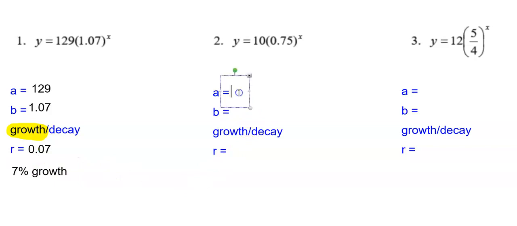In the second example, a is 10. Our growth factor is 0.75. So this one's a little trickier, right? So that means to go from 1 to 0.75, I need to subtract 0.25, which means that this is a decay.